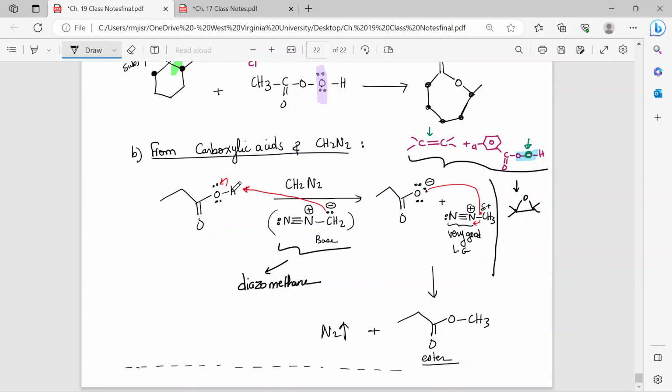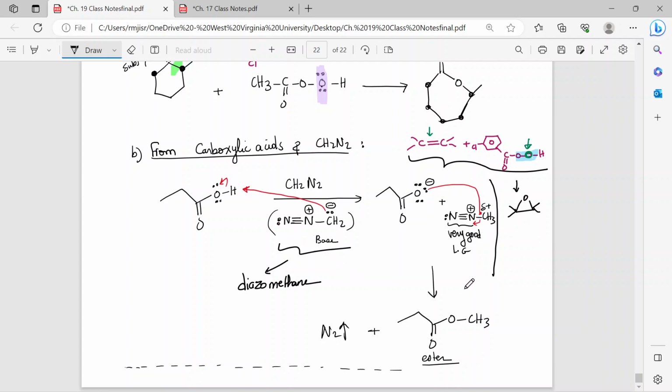So this base is going to come, take that acidic hydrogen and form a negative charge. So when it does, you are going to end up having a CH3 in there. And you are going to get the conjugate base in here. That is going to act as a nucleophile. It's going to attack the CH3 that now gained the hydrogen, and the nitrogen is a good leaving group, so you can make your ester.